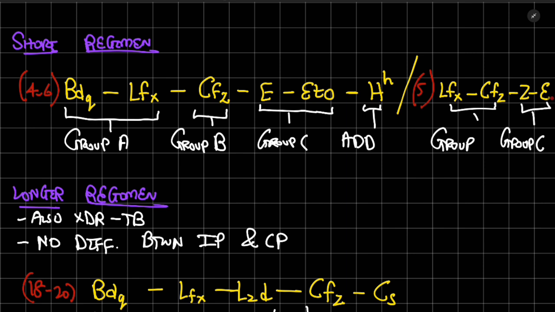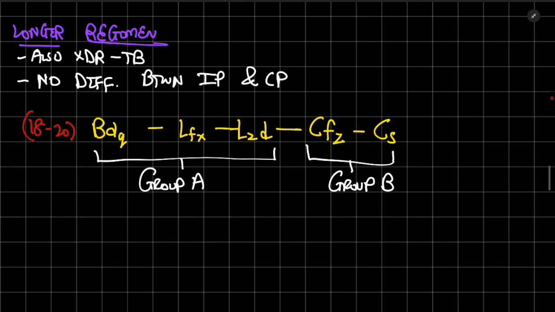We have 2 drugs from group C, which is ethionamide and ethambutol. We have 1 additional drug, which is high doses of isoniazid, HH, in the initiation phase. This completes the initiation phase. For the continuation phase, we have 2 drugs from group A and 2 drugs from group C. So levofloxacin and clofazimine from group A, and from group C we have Z and E as usual.